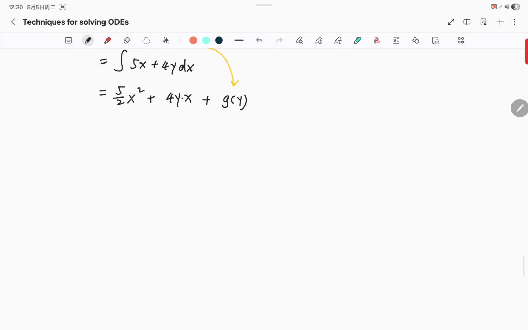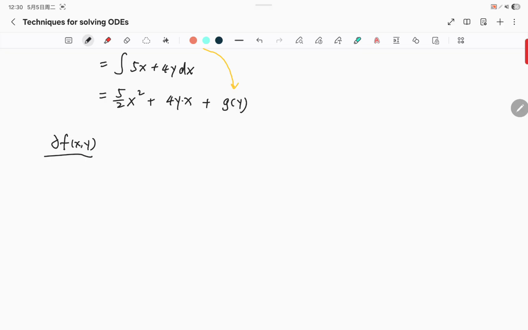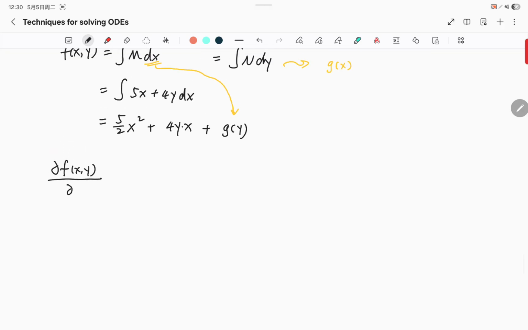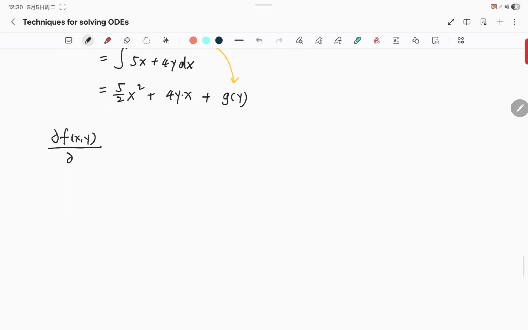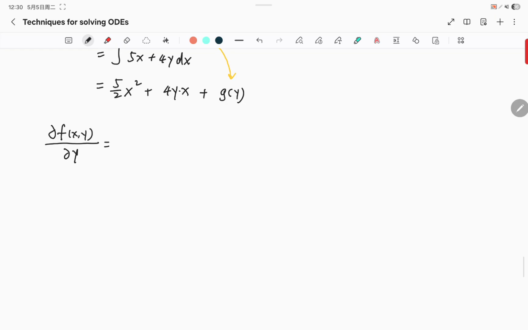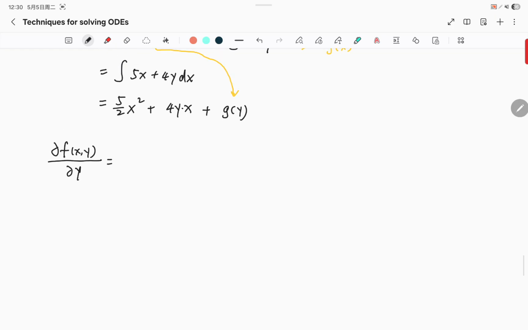Now, next step, we're going to do a partial derivative. Let's say the partial derivative of f(x, y) with respect to what? Here we did dx, so we're going to do the other one, which is y. We're going to partially differentiate this whole thing with respect to y. Easy. How?